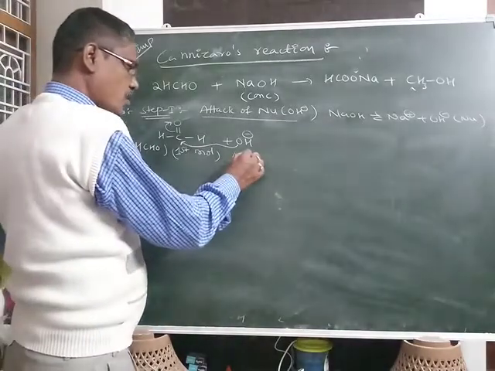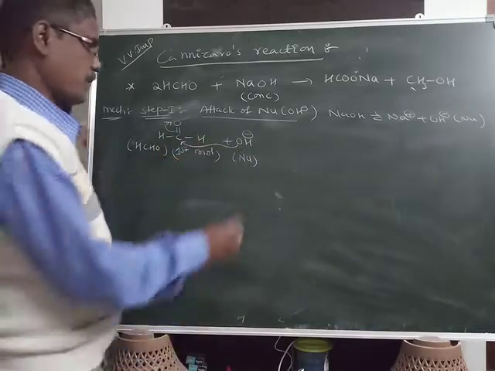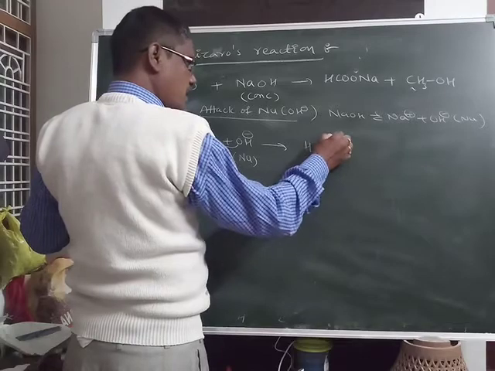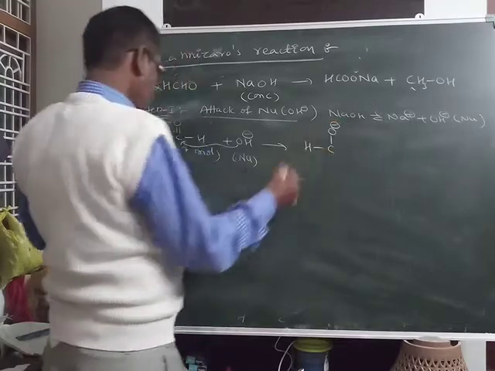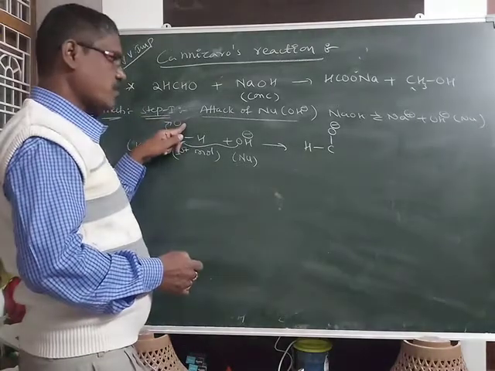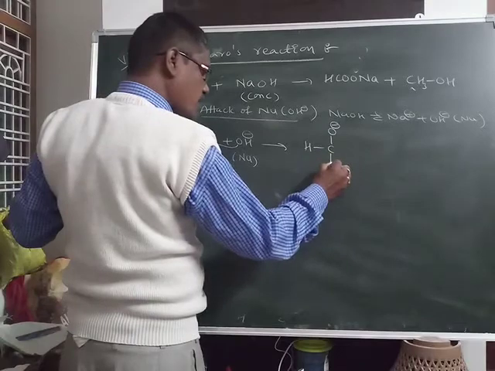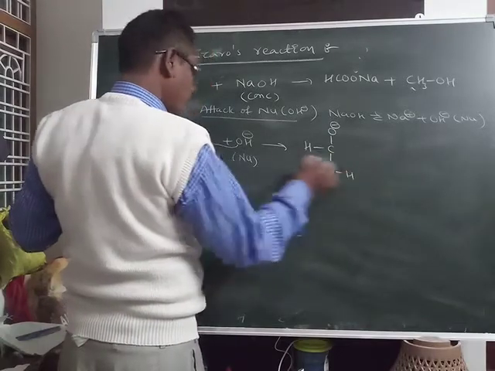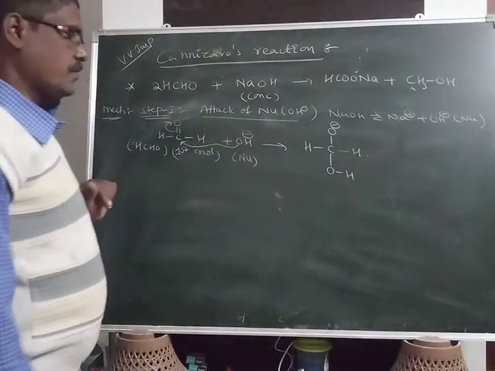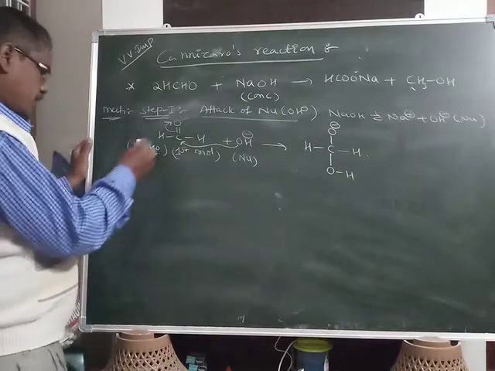It is a nucleophile, there is a new bond from carbon to OH. And this H is already present, here O minus by the shifting of the pi bond towards the oxygen. The positively charged carbon is bonded with OH and one hydrogen is present. So this is the intermediate product.